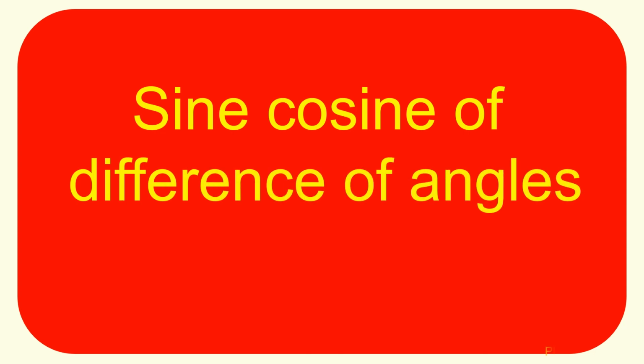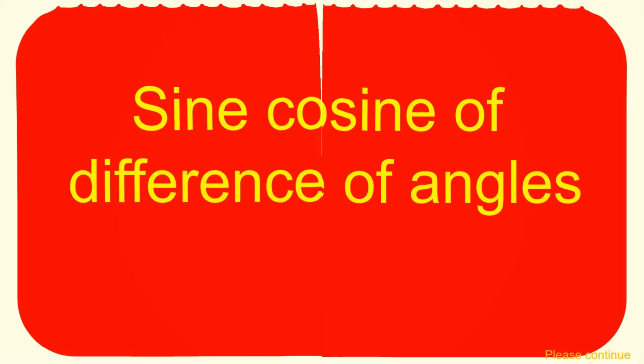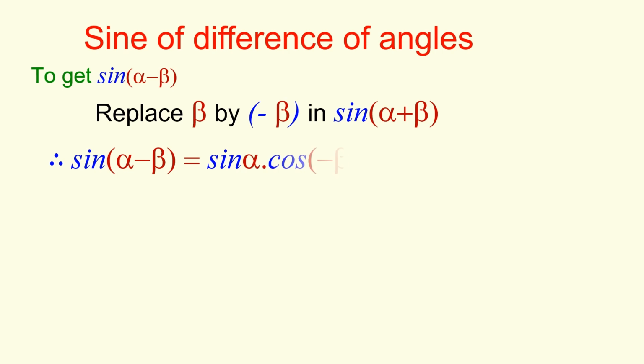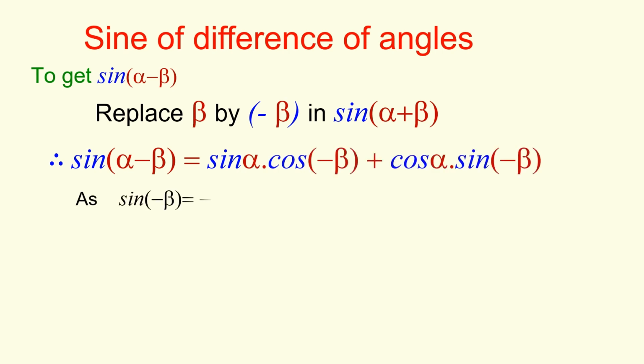Sine, cosine, of difference of angles. To get sine alpha minus beta, replace beta by minus beta in sine alpha plus beta, as we know that sine minus beta equals minus sine beta, and cos minus beta equals cos beta.